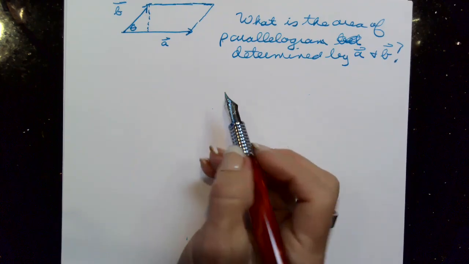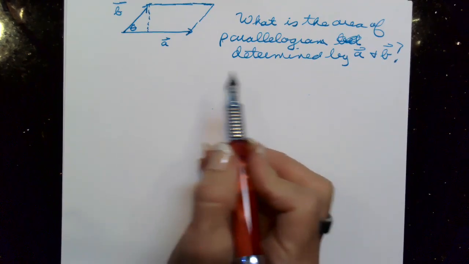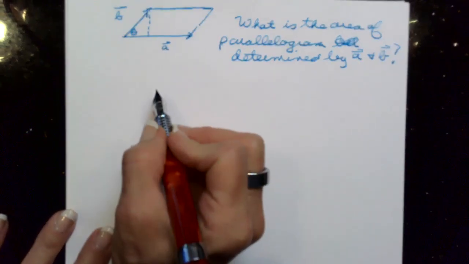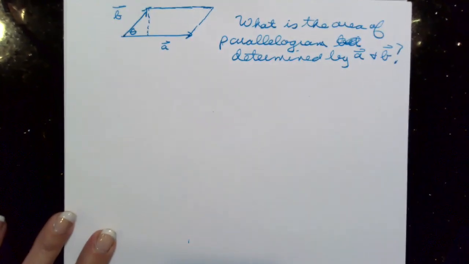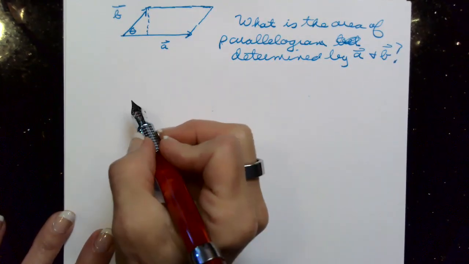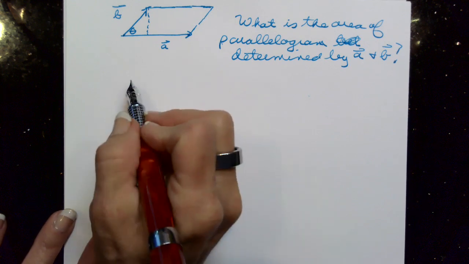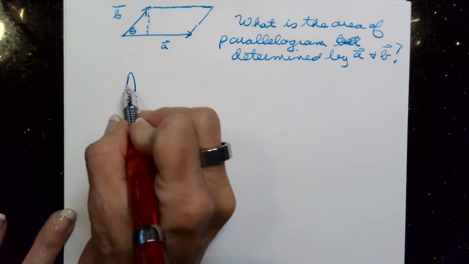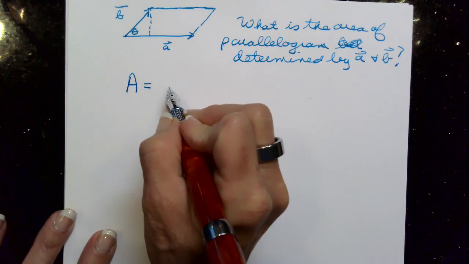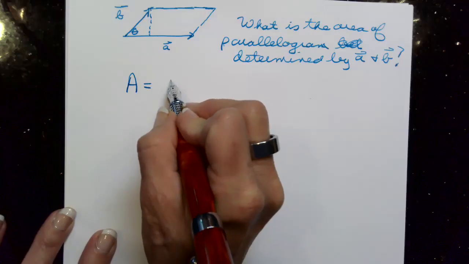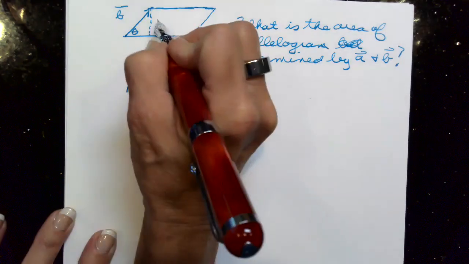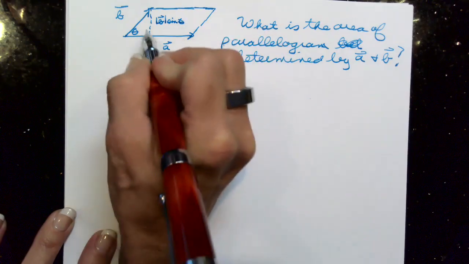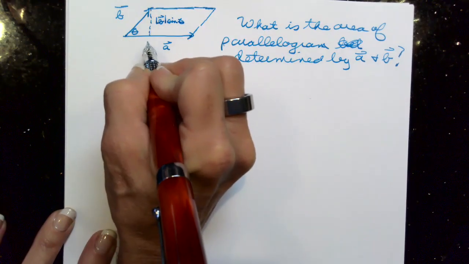Okay, so what is the area of the parallelogram determined by the vectors A and B? The way to do that is to remember your high school geometry, which says that the area of the parallelogram is equal to the length of the vector A times the length of the vector B times the sine of theta, because that's the length of this height, the height of the parallelogram.